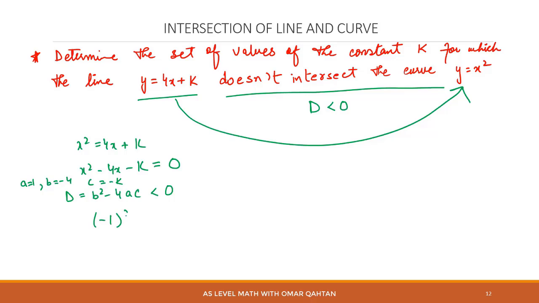So minus 4 whole square minus 4 a c, where c is minus k. So 16 plus 4k should be less than 0, and k is less than minus 4.